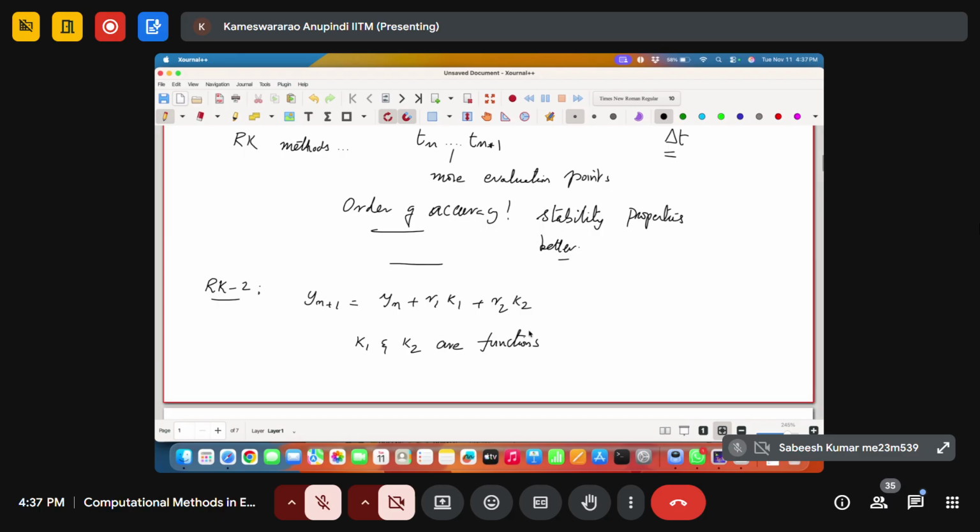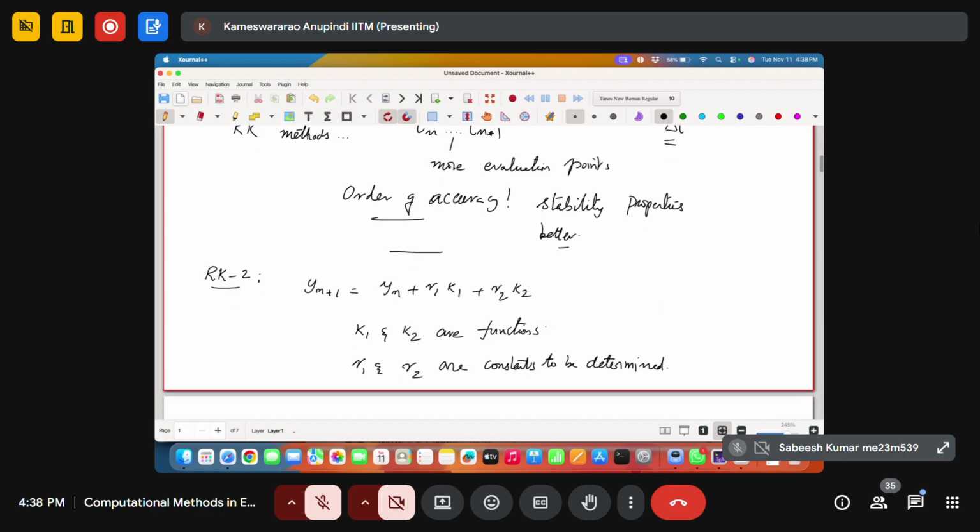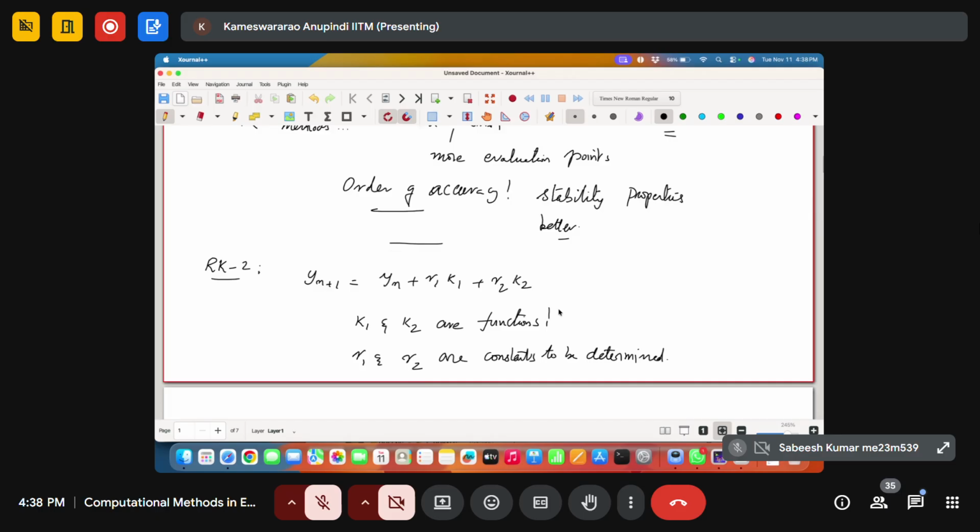Gamma 1 and gamma 2 are constants to be determined. So k1 and k2 are essentially functions based on the right hand side of the differential equation.